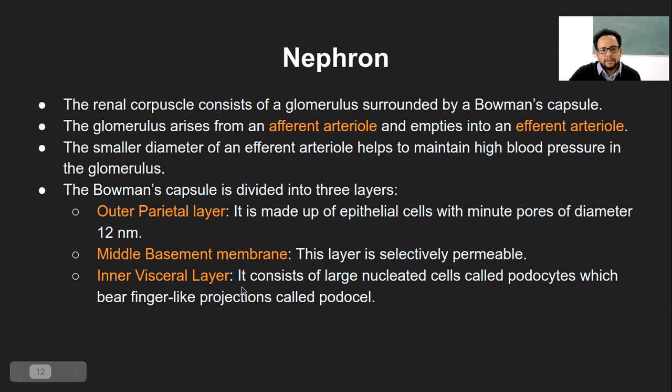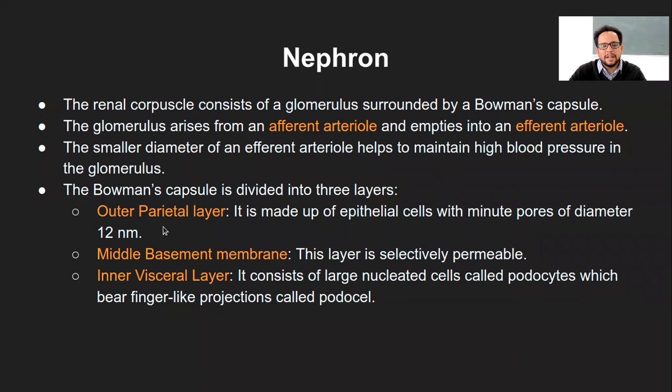And the third layer in the Bowman's capsule is the inner visceral layer. This consists of large nucleated cells which are called podocytes and which have finger-like projections called podocells. Again, these are just to filter out what is coming to the Bowman's capsule.